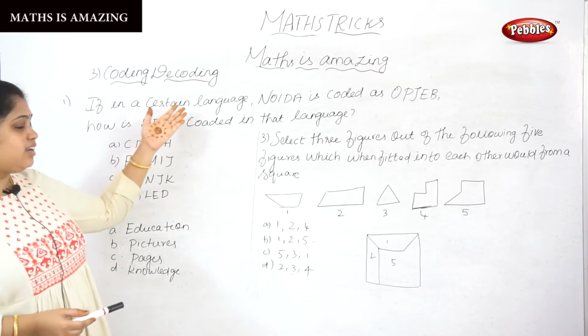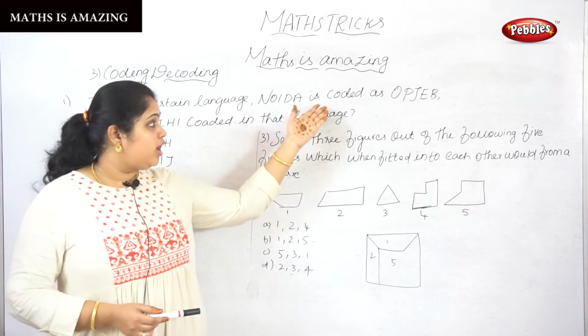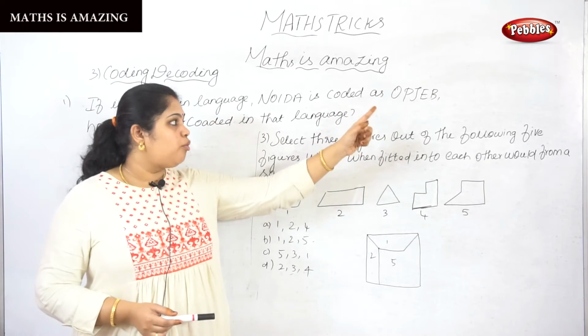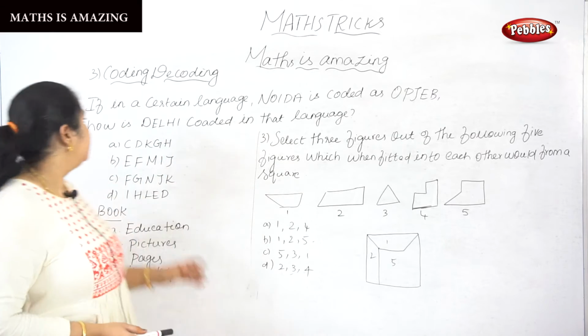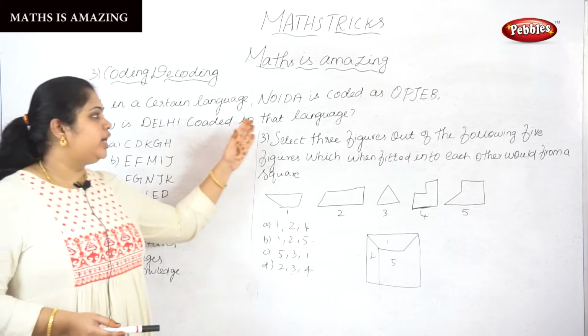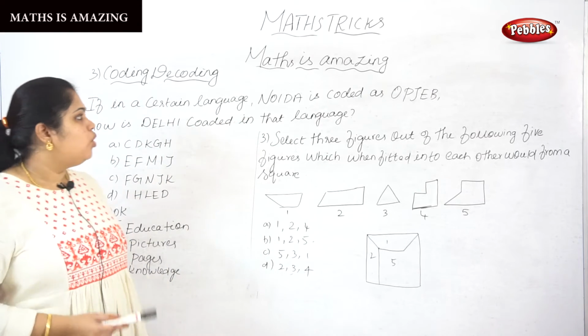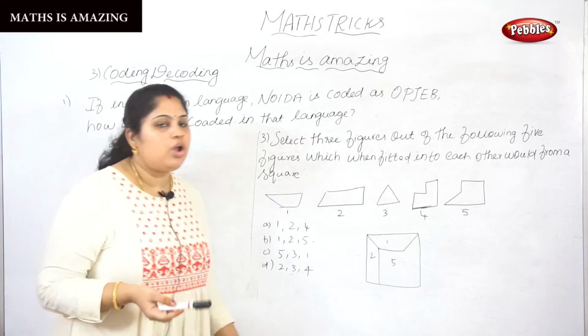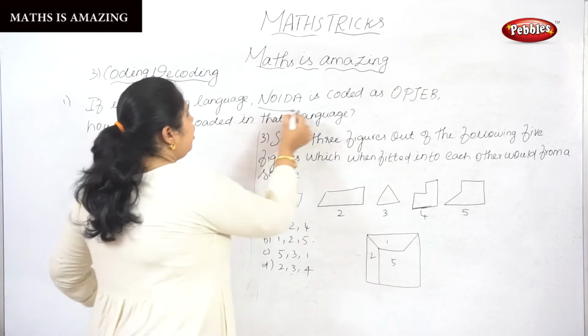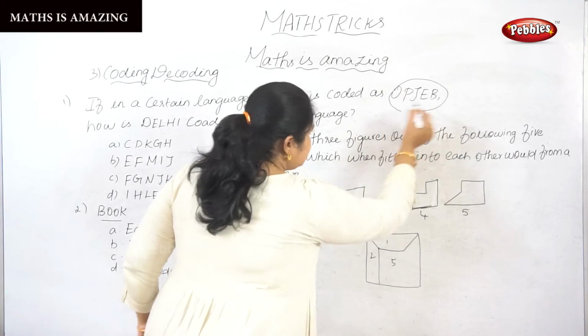If in a certain language Noida is coded as OPJEB, how is Delhi coded in that language? Okay, so now we want to find out how they wrote Noida as OPJEB.